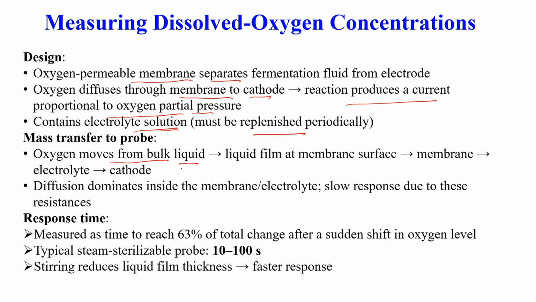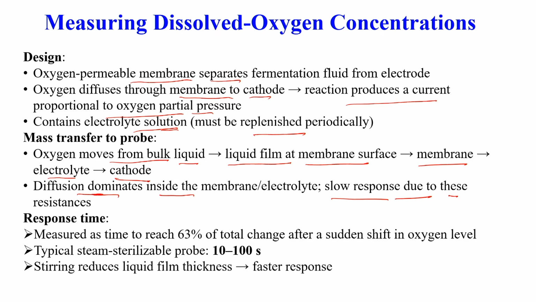Now, how does it happen? Oxygen moves from the bulk liquid, then through the liquid film at the membrane surface, then it passes through the membrane, then goes to the electrolyte, and finally reaches the cathode where oxygen is utilized. Mostly this diffusion dominates inside the membrane or electrolyte, and as I told, depending on the membrane type and its thickness, it can cause a slow response.